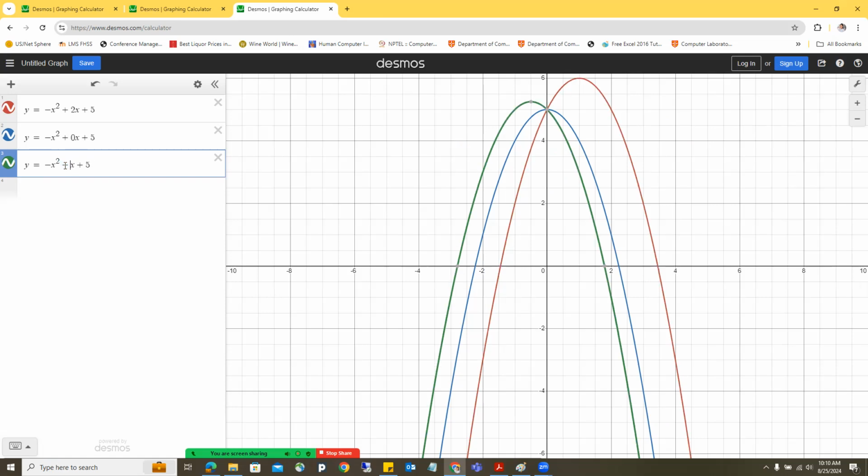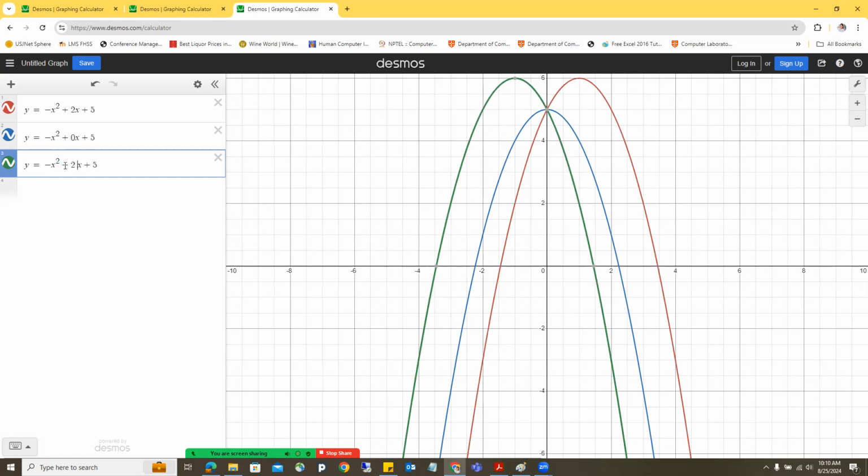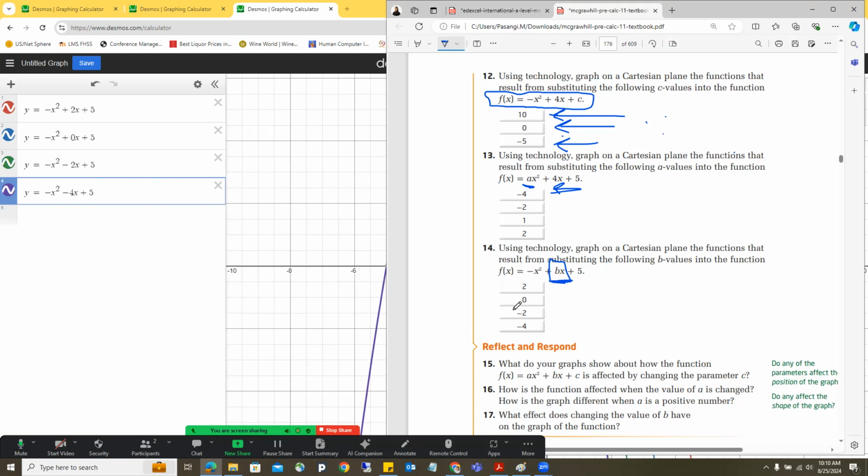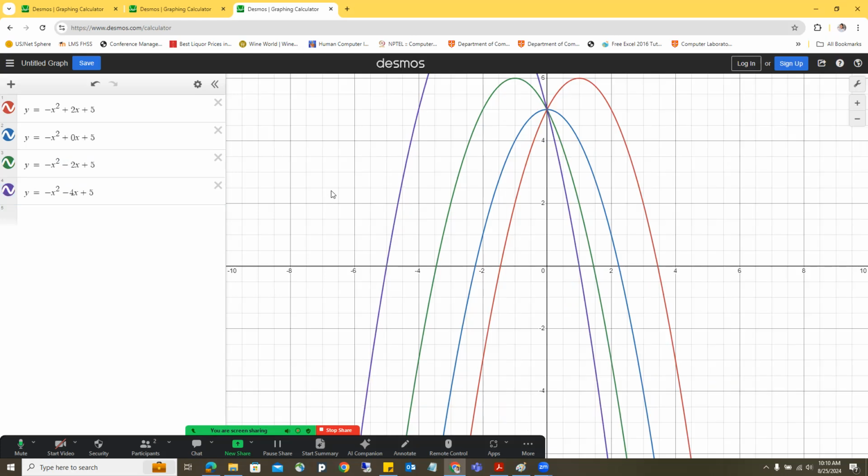Then the fourth one is minus 4. These are the four charts they have given us to compare, when the b value is 2, 0, minus 2 and minus 4. Is it clear? Now what has happened here?